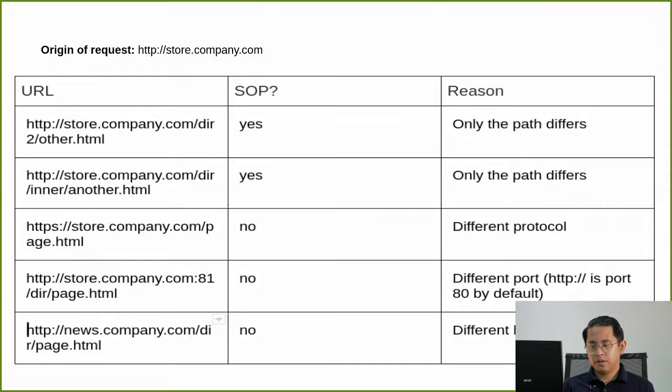The origin of the target of the request is 81, which is different, so it is not the same. Then next is news.company.com. Obviously news.company.com is a different host. That's why it violates the SOP.